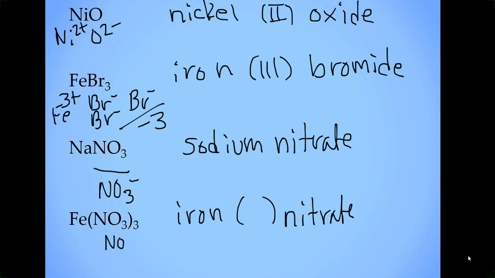So nitrate is a -1, and I do have 3 of them for a total of -3. So to cancel out all the nitrates, iron would have to be a +3. So I put iron 3 nitrate. So the naming is a little bit easier for polyatomic ions if you know the polyatomic ions. So learn those as quick as you can, and then you'll have an easier time.